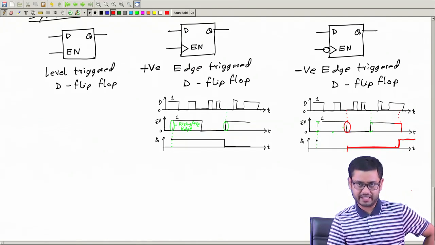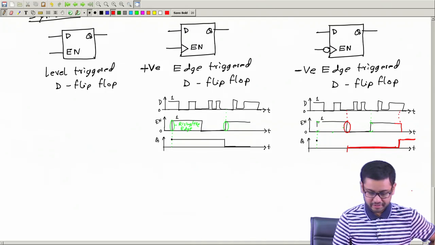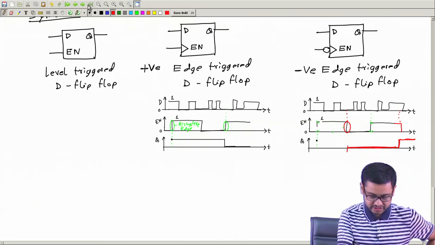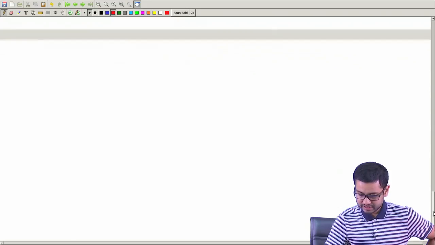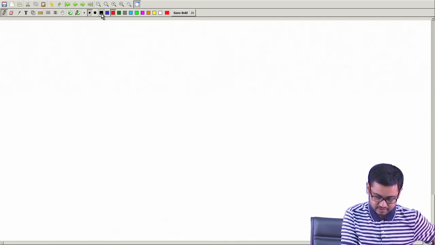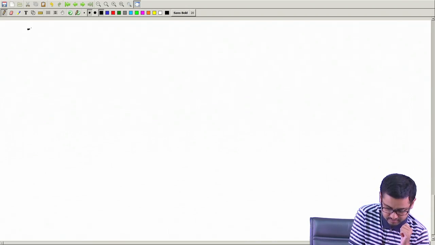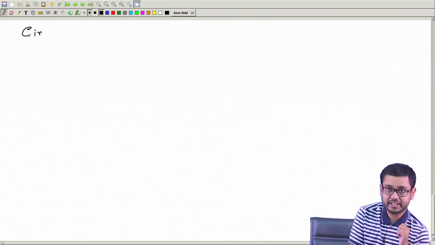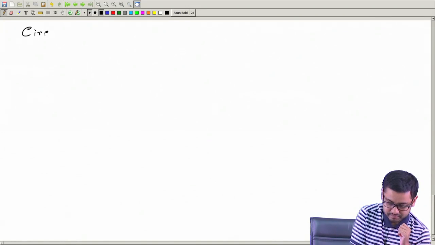Now, let us make the circuit. So, the next thing we will study is the circuit of an edge triggered D flip flop.